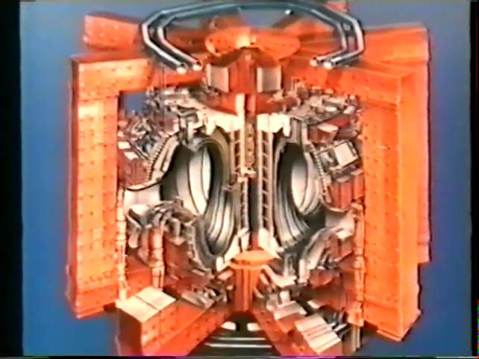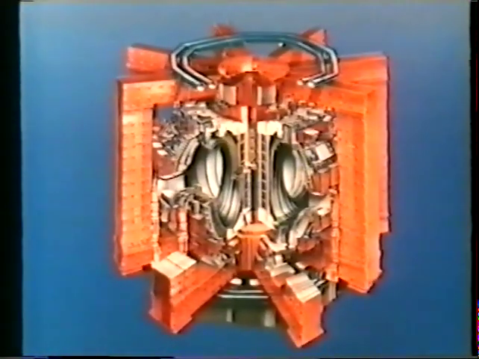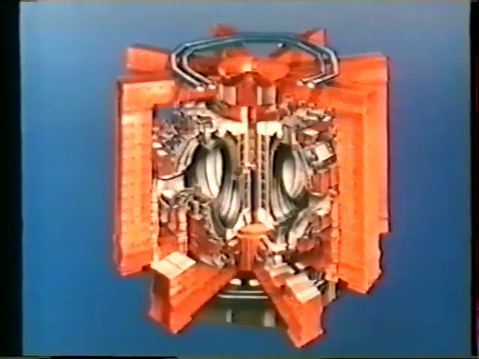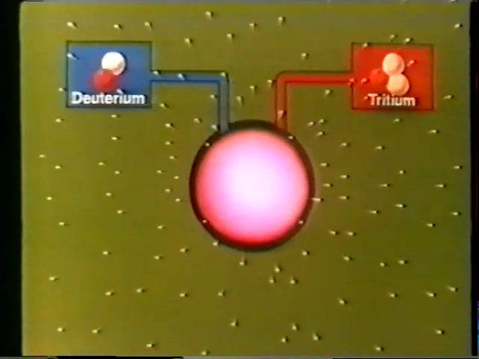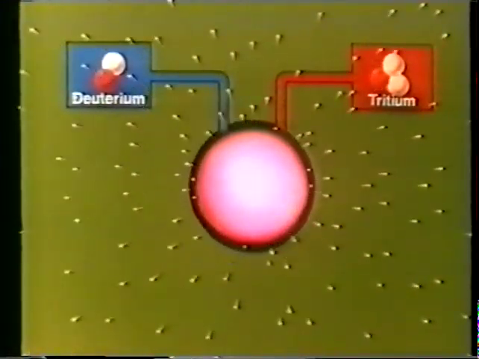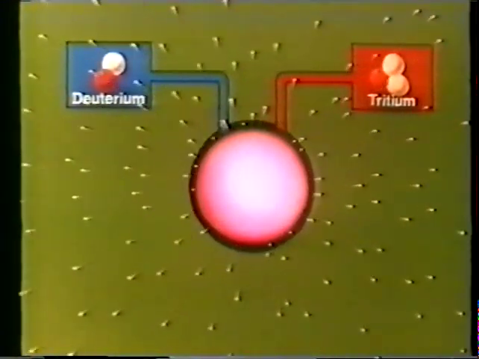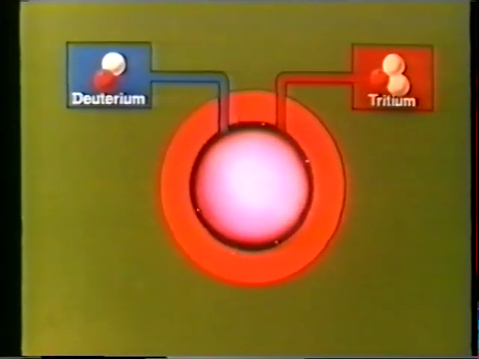In a commercial reactor, the plasma will be wrapped in a blanket containing lithium, which absorbs the neutrons. Most of the energy being released from fusion reactions will be released as high-speed neutrons flying out of the plasma. These neutrons, traveling at thousands of kilometers a second, are slowed down by colliding with the lithium.